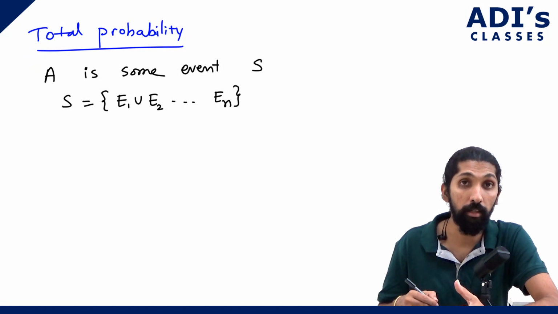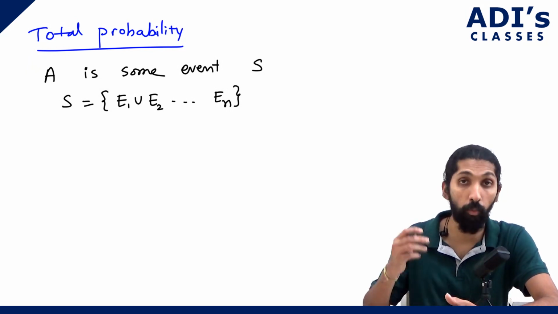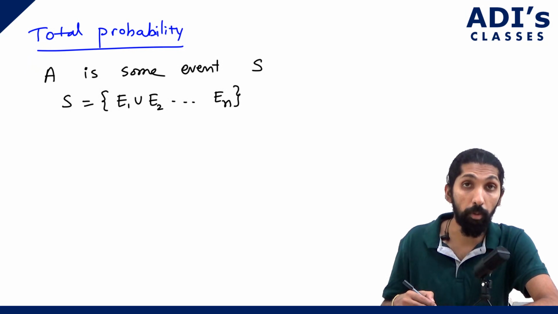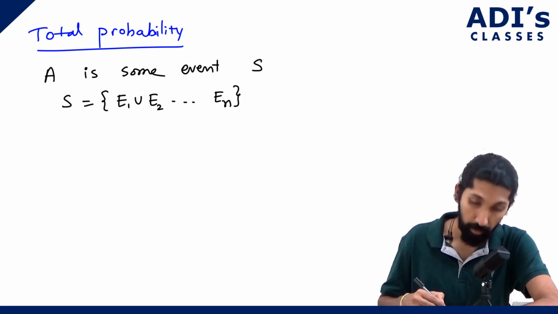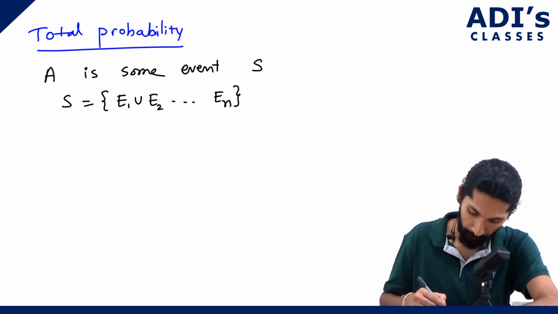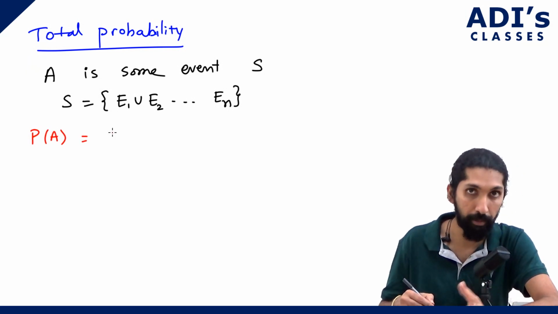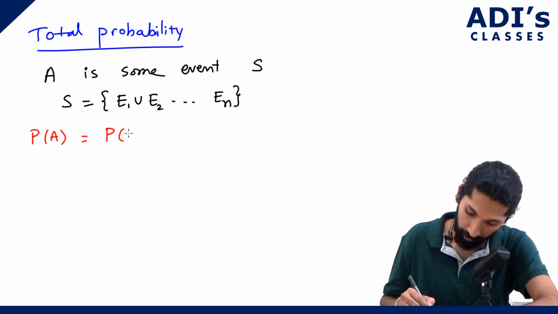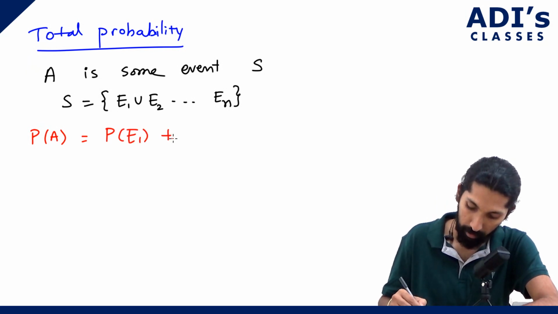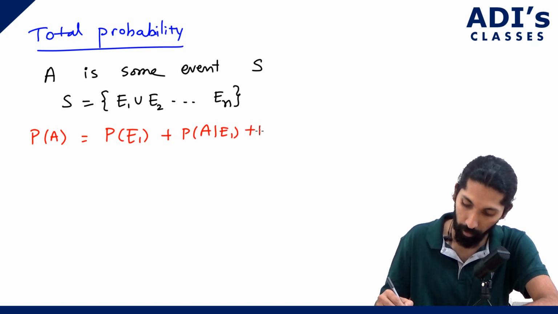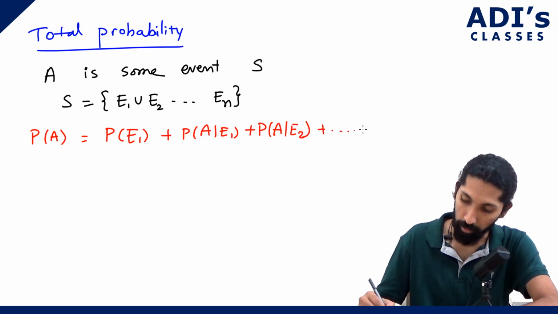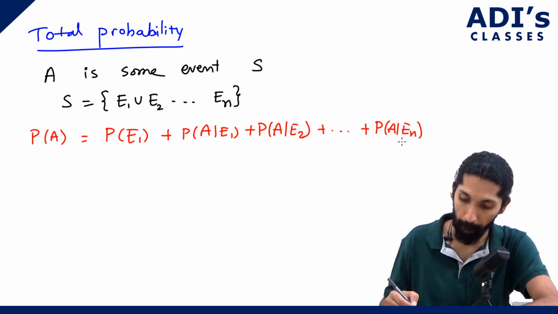So what we can do graphically, we can represent it, of course. But the mathematical proof of this total probability, like what the statement tells you, is that the probability of that event A happening within the sample space is P of A is equal to P of E1 times P of A given E1, plus P of E2 times P of A given E2, and so on and so forth, plus P of En times P of A given En.